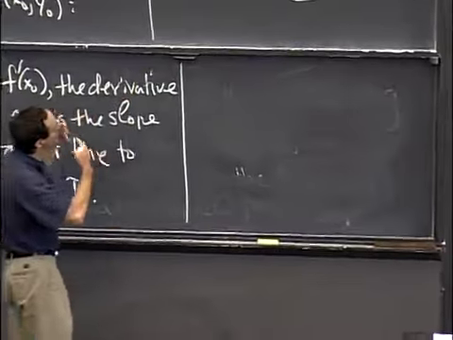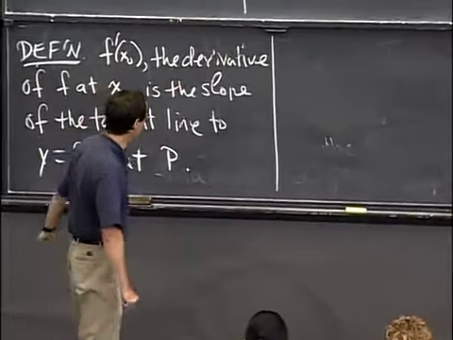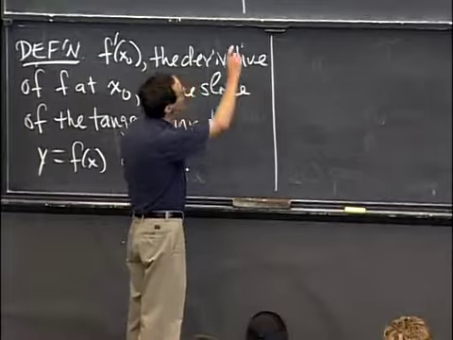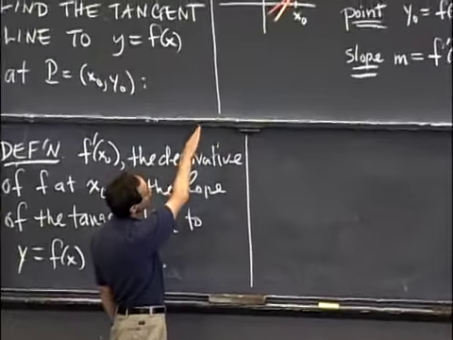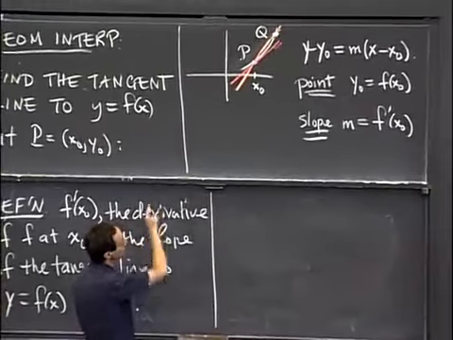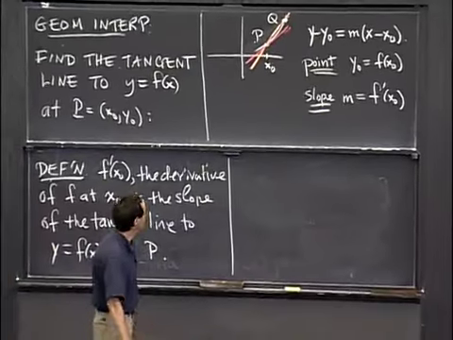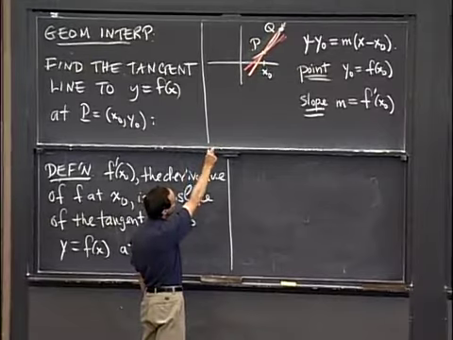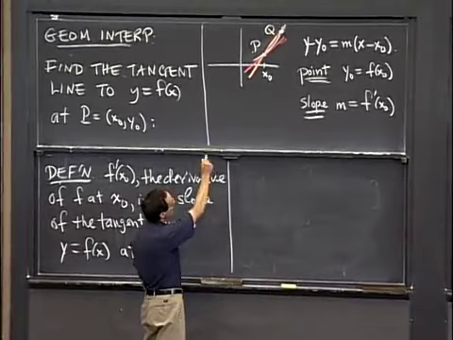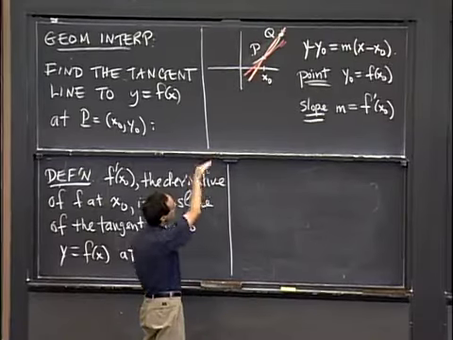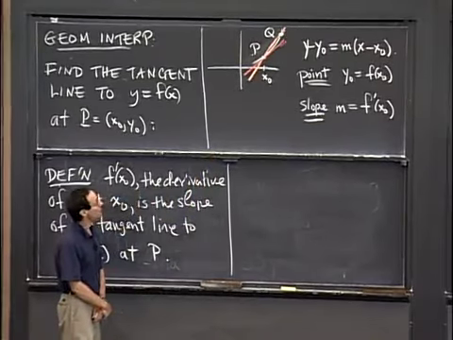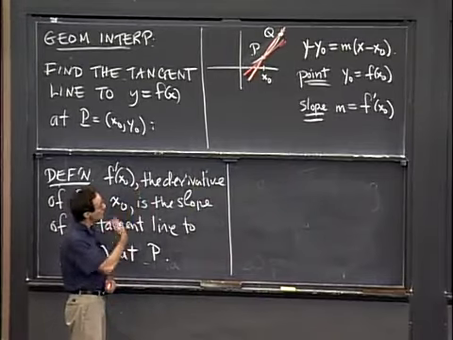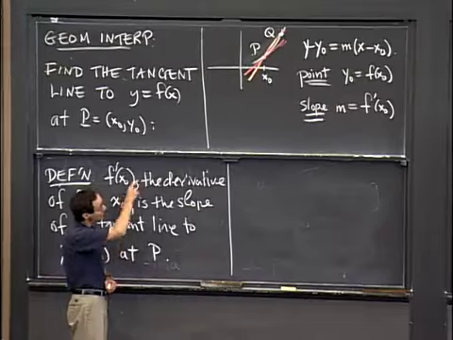So I'm going to have to somehow grasp this, and I first do it in language. And it's the following idea. It's that if you take this orange line, which is called a secant line, and you think of the point Q getting closer and closer to P, then the slope of that line will get closer and closer to the slope of the red line. And if we draw it close enough, then that's going to be the correct line.